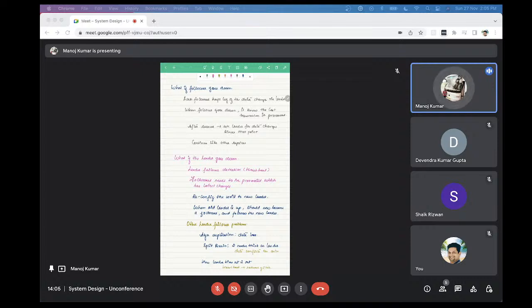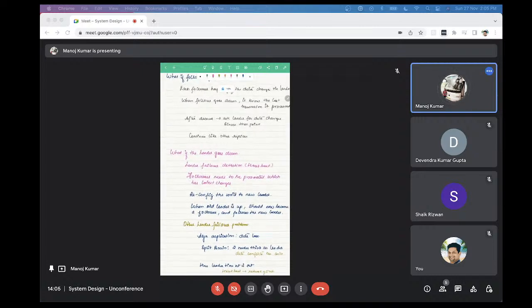But what happens when the leader goes down? That's where the complexity happens, and it is really difficult to handle those scenarios. You need an algorithm to detect the failure and notify the SRE team that the leader is down.